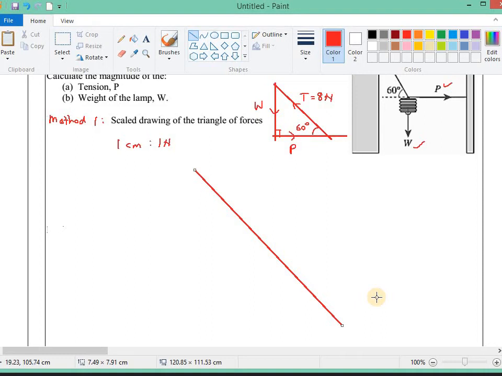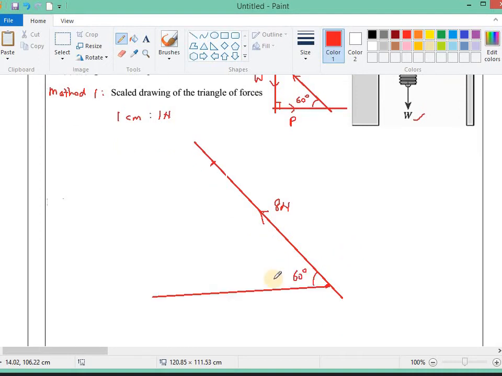Okay, 8 centimeter is here and here. So this is 8 Newton, and then we use a protractor to measure 60 degrees. You measure 60 degrees and draw a line.